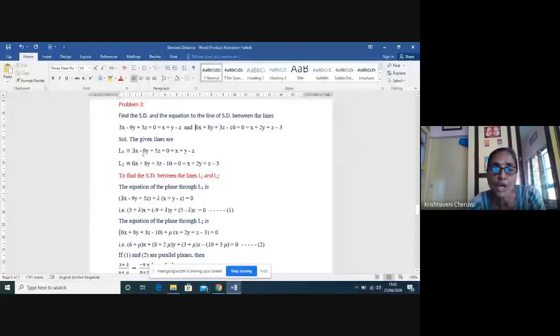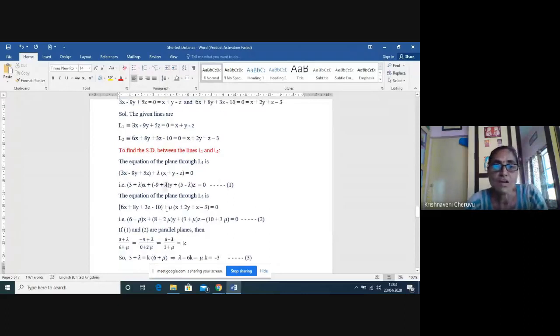Let me first find the shortest distance between the lines L1 and L2. I'll find a plane containing L1 and a plane containing L2, and I take these two planes to be parallel. Then you just find the distance between those two parallel planes, which will give you the distance between these two lines. That is basically the procedure, girls.